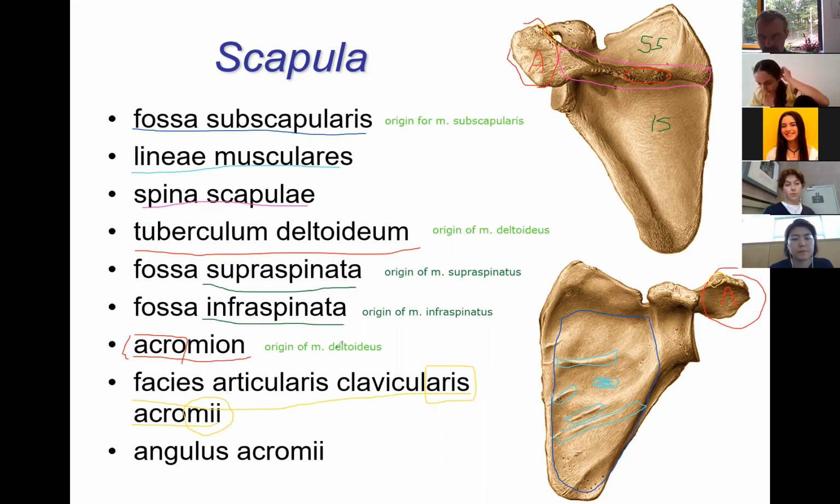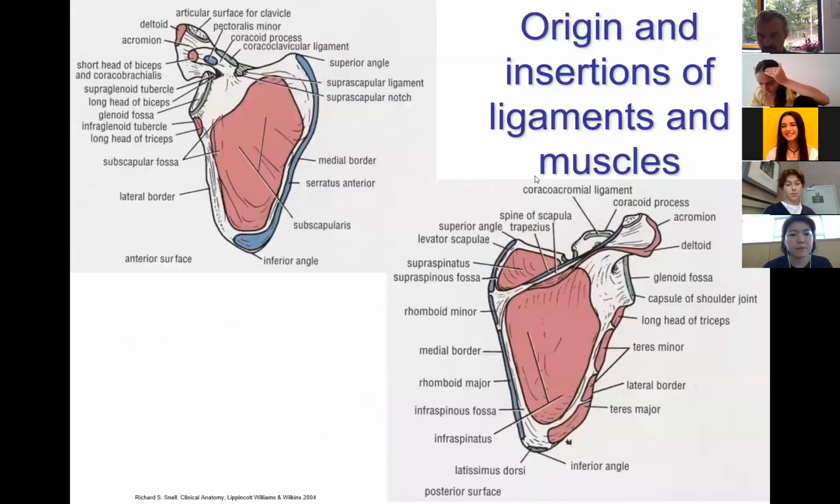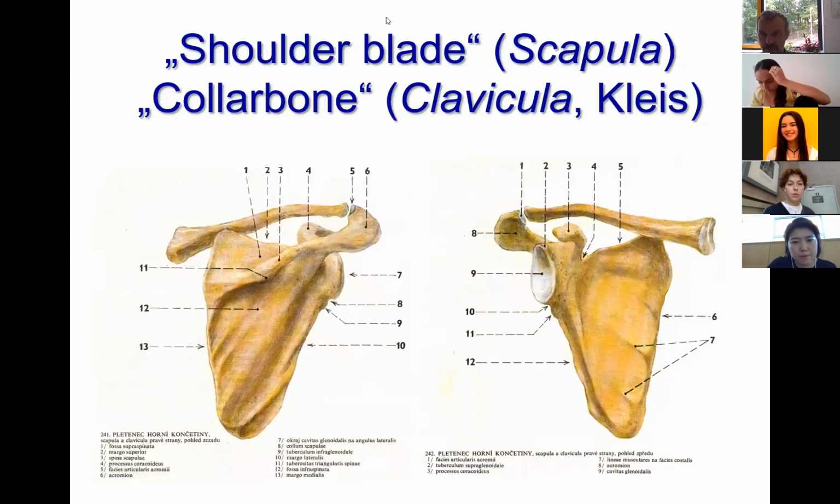Perfect. So when we move a bit here, we talk about this area. This is the acromioclavicular joint.